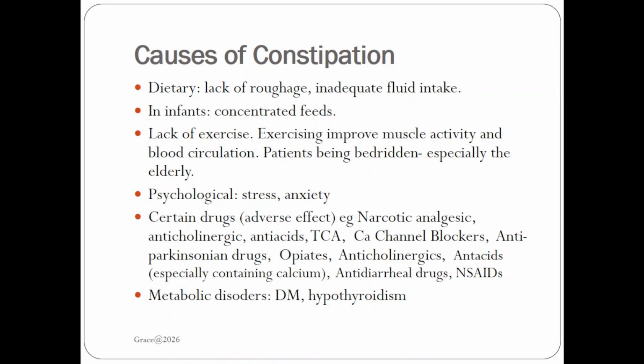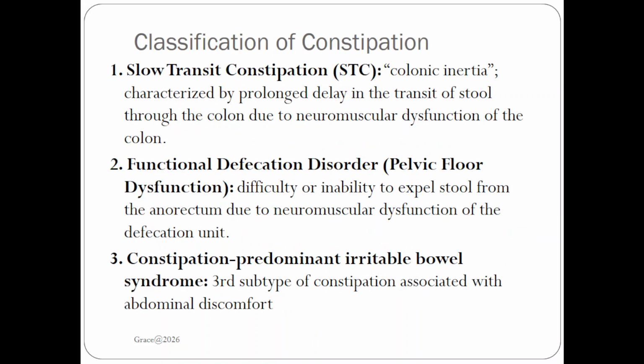When you give drugs for management of diarrhea, if the person uses them for a longer time, they end up getting constipation. Metabolic disorders that may predispose somebody to constipation include hypothyroidism and diabetes mellitus.